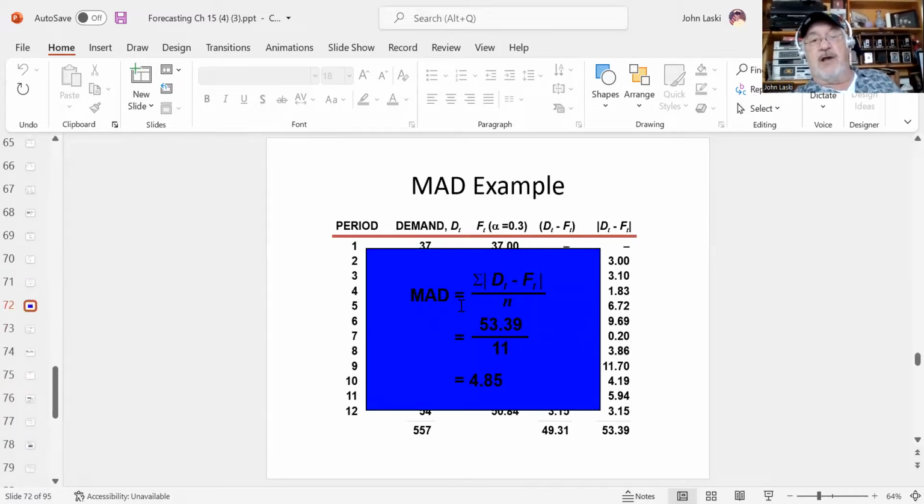If we were to calculate mean absolute deviation, the sum of the absolute value of the D minus Fs, that's this 53.39, divided by our denominator. As I mentioned, we had nothing in the first slot here, so our N is actually 11, not 12. So we end up with a mean absolute deviation of 4.85.